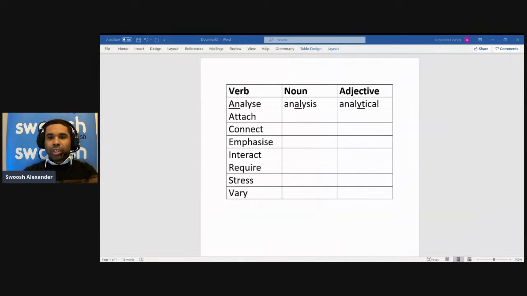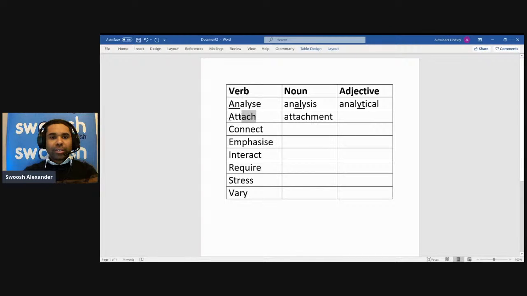Moving on to have a look at the next word, it's attach. So if we have a look, attach, the noun would be attachment.